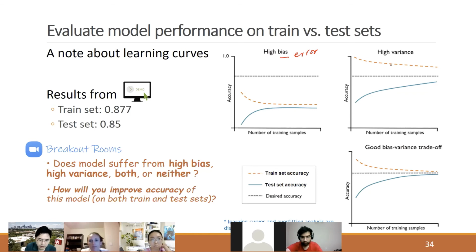With overfitting, you can get 100%. But when you look at the test set performance, it's much worse than the train set. It's even worse than the ideal level. So when you compare the two, they have a large difference. That's what it means by variance. When you average the result, you get the ideal level.